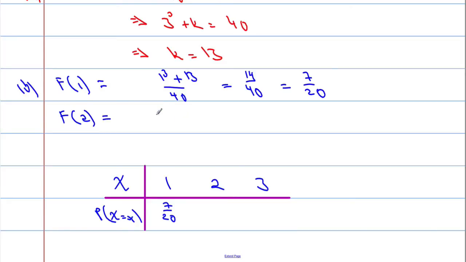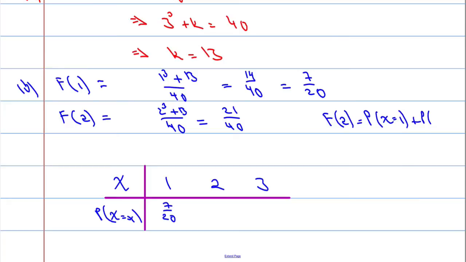F of 2 is going to equal 2 cubed plus 13 over 40. 2 cubed is 8. 8 plus 13 is 21. So you get 21 over 40. And that's F of 2. But remember, F of 2 equals the probability that x equals 1 plus the probability that x equals 2.